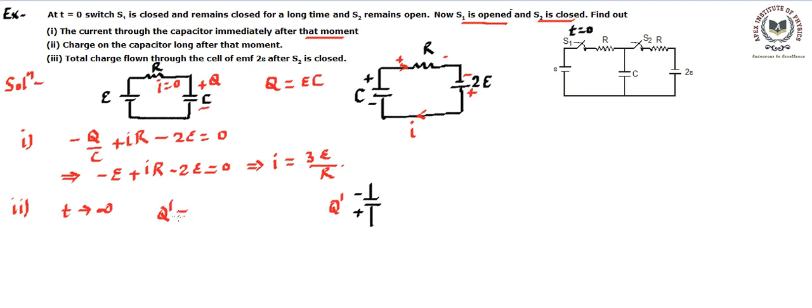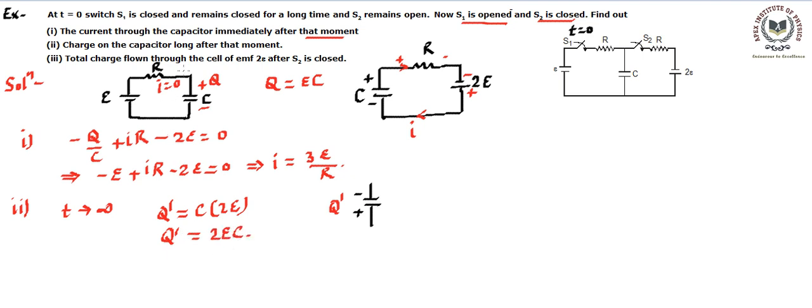Using this circuit, this will have the same potential difference as this, so it will be equal to C into twice E. Basically, the final charge on this capacitor is going to be 2EC.